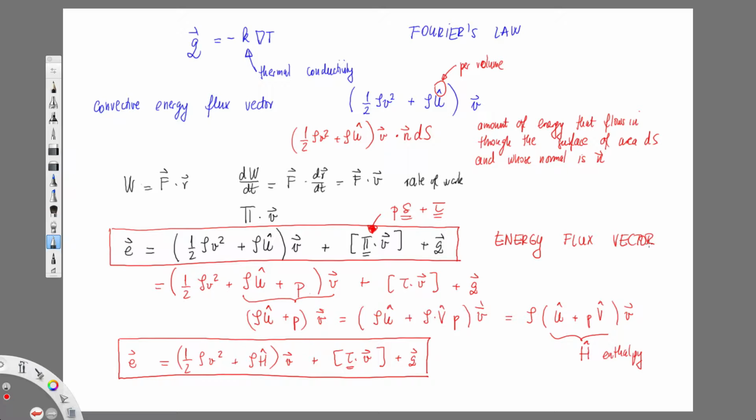Yes? I don't understand why you multiply that with the velocity vector, the first part, like rho v squared plus rho u? Why is that multiplied? It's just like momentum. We had multiplied it with momentum as well, simply because V is the rate that stuff is coming in. So velocity simply quantifies the rate of the stuff moving into my volume.